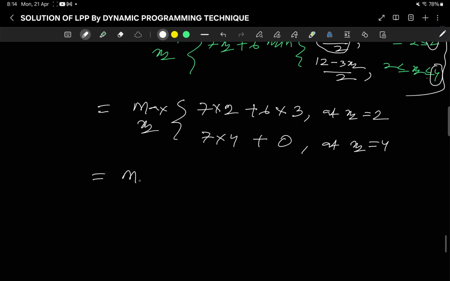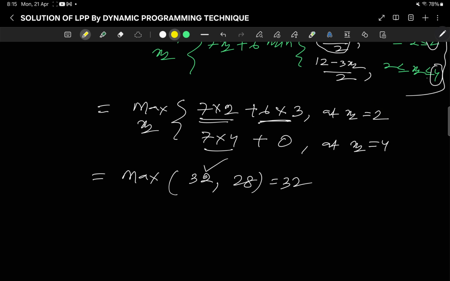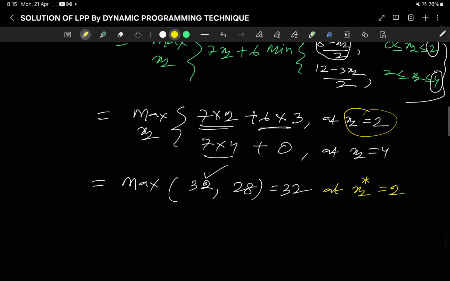So this is the maximization of 14 plus 18, which is 32, and 28. So this maximized value is 32, and this 32 is at x2 equal to 2. So this is the optimal value of x2, I write x2 star.